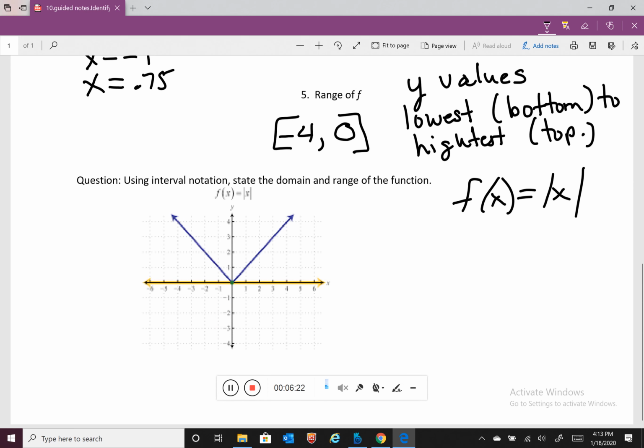So remember, for domain, it is left to right. So this is going to the left forever. This is also going to the right forever. So left to right is how we derive our domain. And then remember, range is all about how low does it go to how high does it go. So please answer those two questions. Thank you.